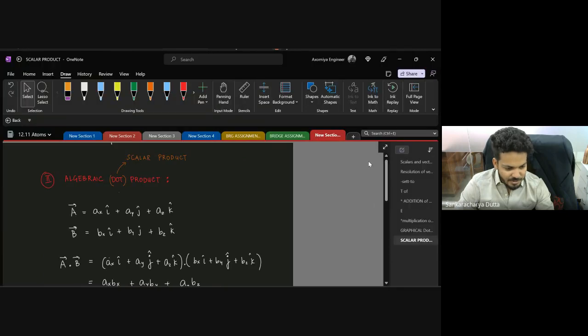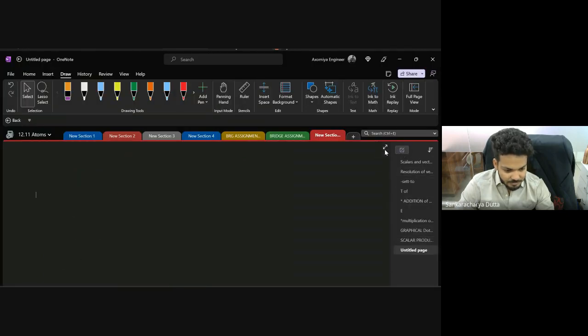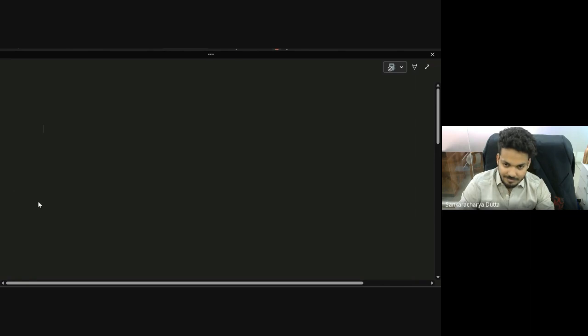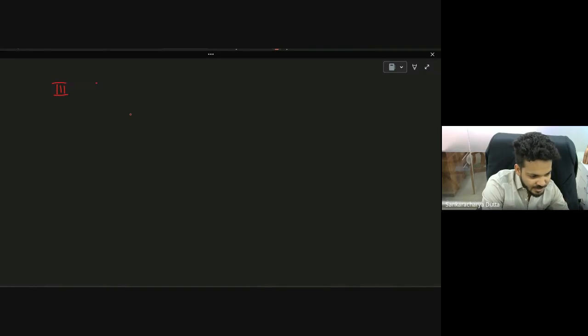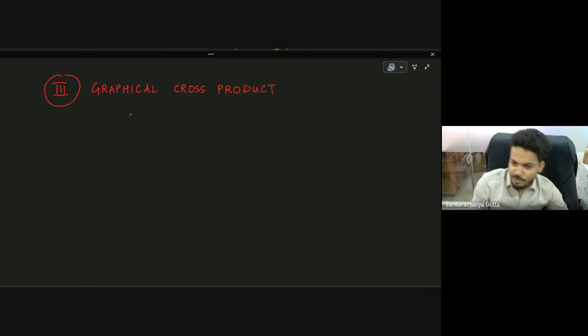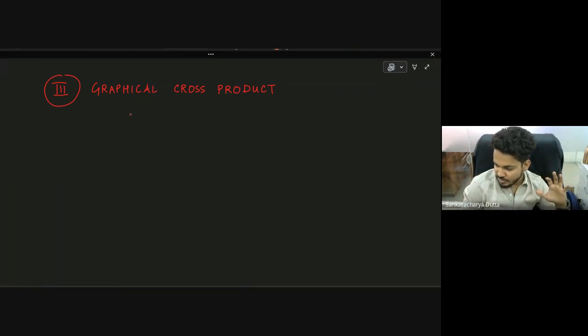Can you tell me what I should do next? Graphical cross product. Yes, the third one is going to be the graphical cross product. Now this is going to be a little bit hands-on, so I need you to be very active for the next 15 minutes.